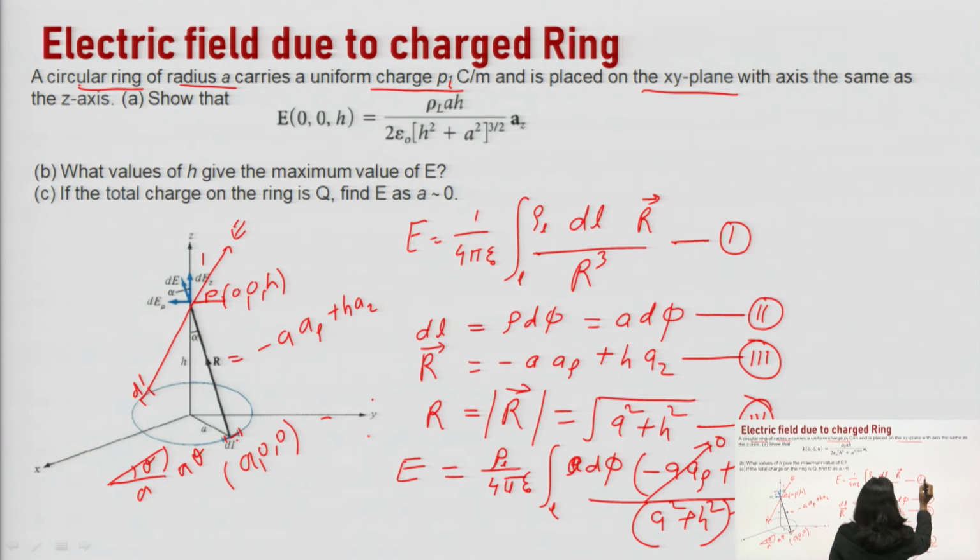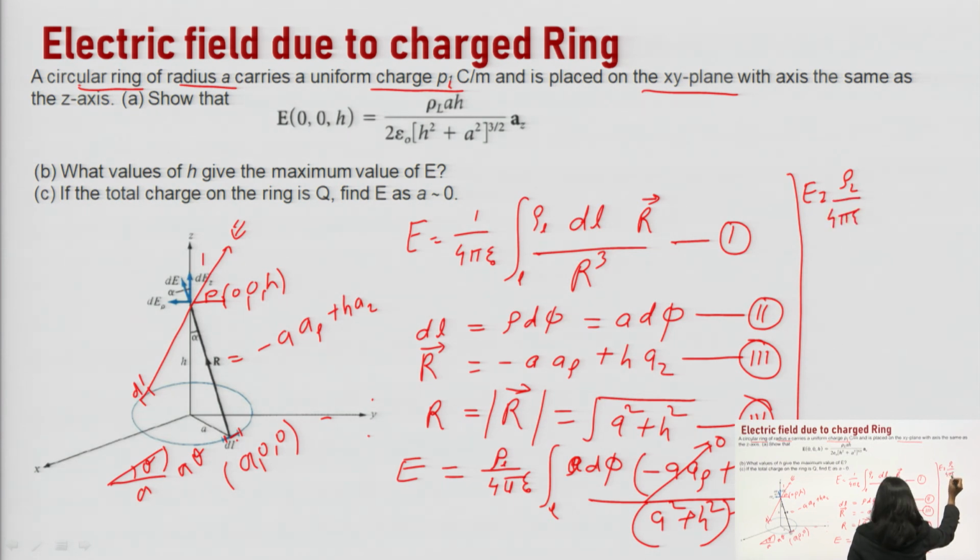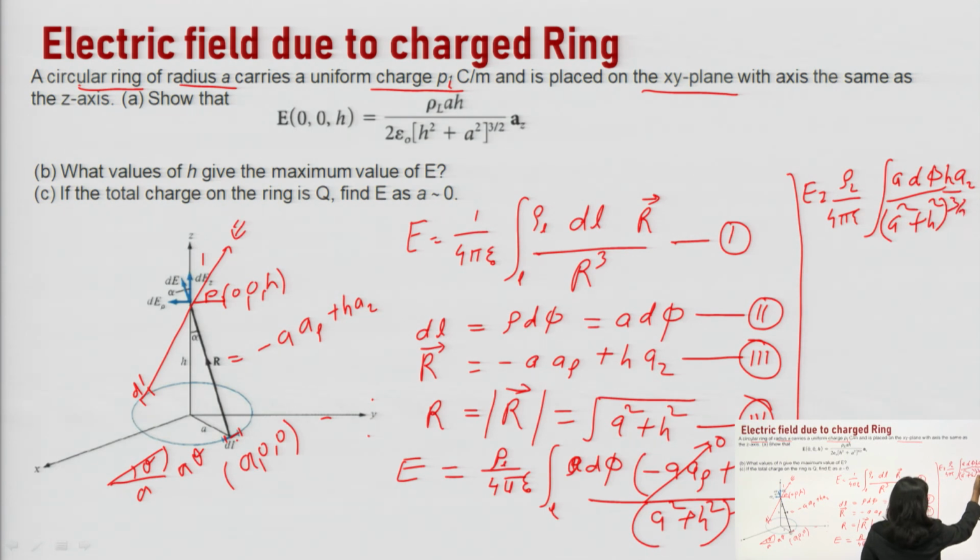So now our equation will be E is equal to rho L by 4 pi epsilon, integral of A d phi by (A square plus h square) to the power 3 by 2.